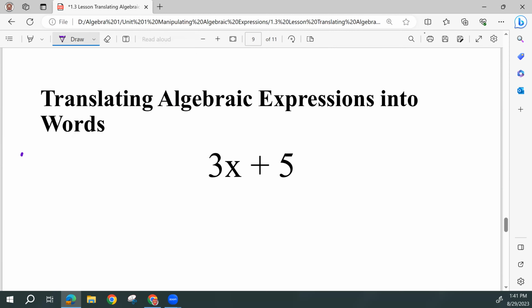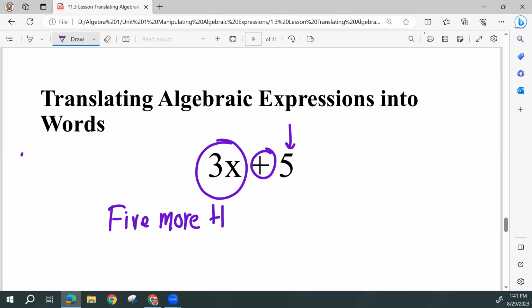And we can sort of take from what we've done before. So we know that 3 times x is the product of a number and 3, just like we just did the product of a number and 8. And then we have to throw in here this plus 5. And so we could write this a couple ways. The way I'm going to write it is I'm going to start with 5. One of the turnaround words was more than, because we're adding 5 to something. So we're going to have 5 more than what we started with.